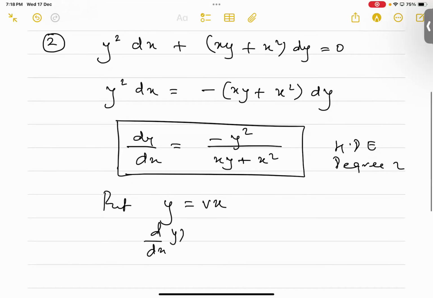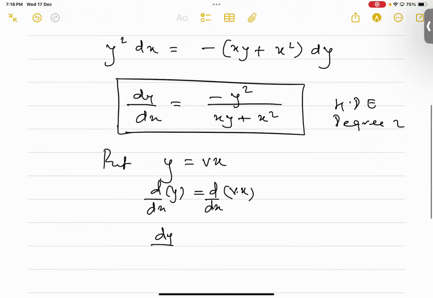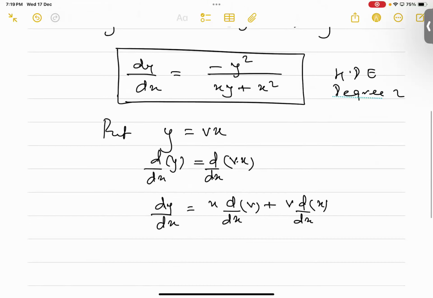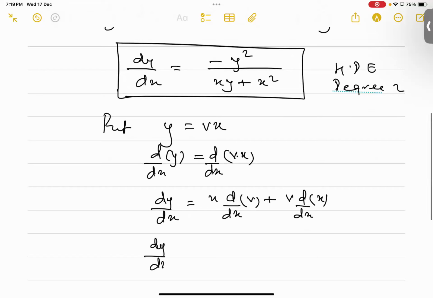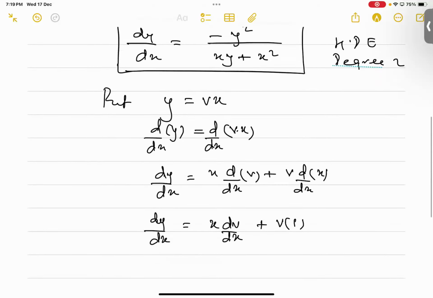d by dx of y, d by dx of vx. dy by dx is x d by dx of v plus v d by dx of x. So dy by dx is x dv by dx plus v into 1.